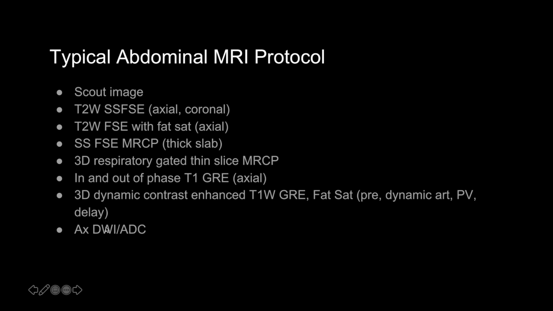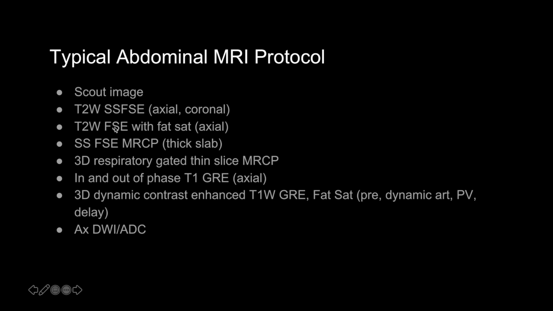We then also acquire DWI and ADC images are calculated based on these. And so this isn't necessarily the order that they're acquired, but I've grouped them in order to better understand and think of all of these sequences and make them appear simpler.